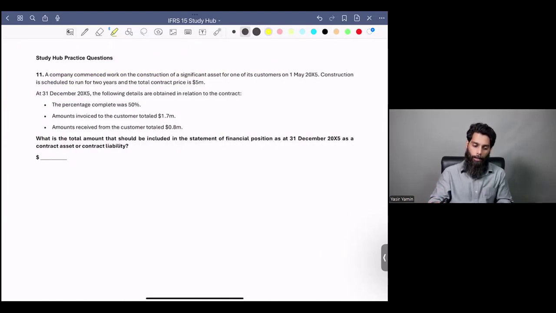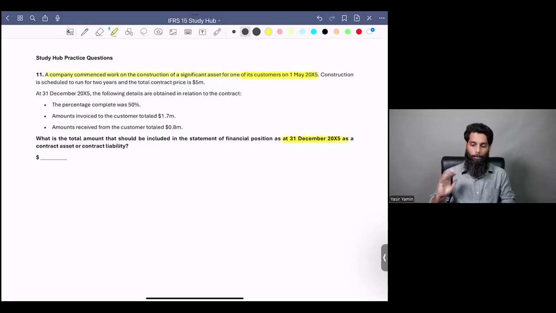All right. Let us move on to question 11. A company commenced work on the construction of a significant asset for one of its customers on 1st May X5. Guys, remember your accounting year end is 31st December and you started to work on a contract on 1st May. That is 8 months before the accounting year end.